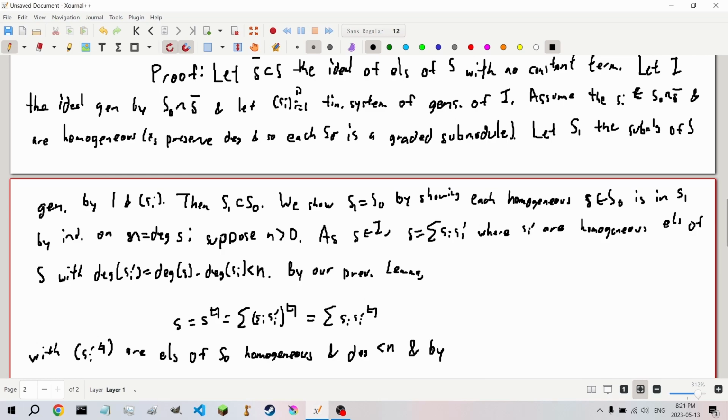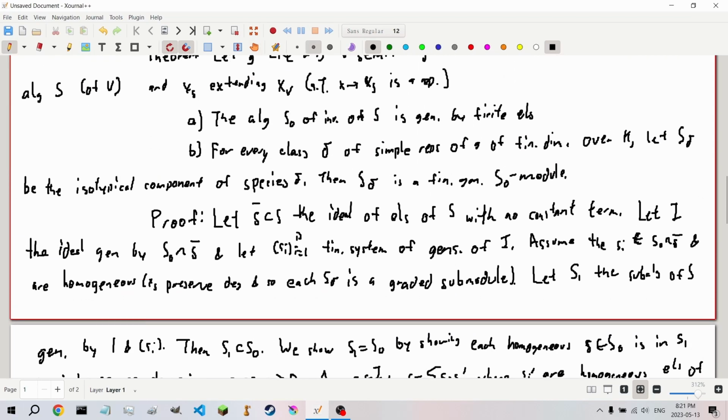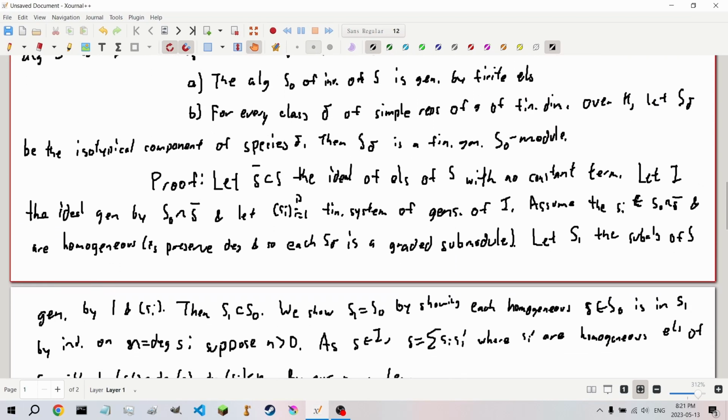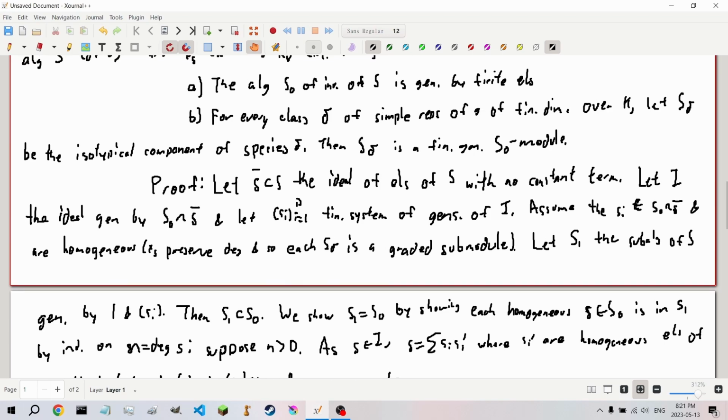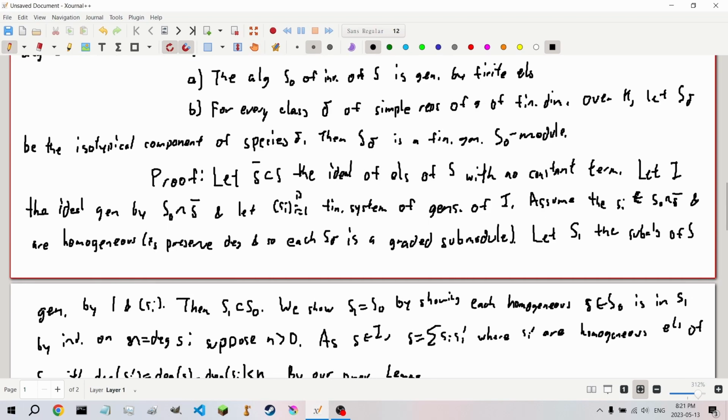And so by the induction hypothesis, they are in S1. Thus s is in S1, which means S0 is equal to S1, which is what we wanted for A.